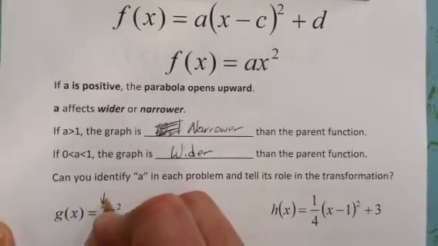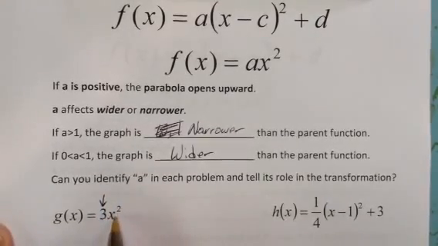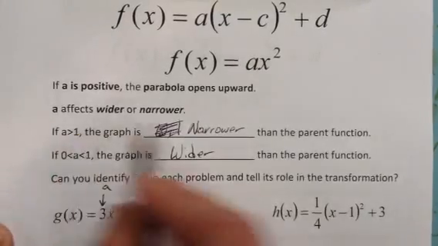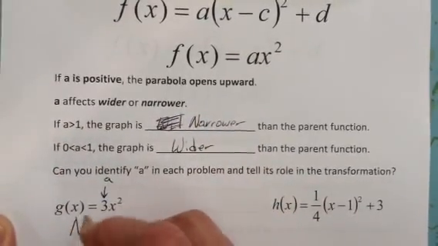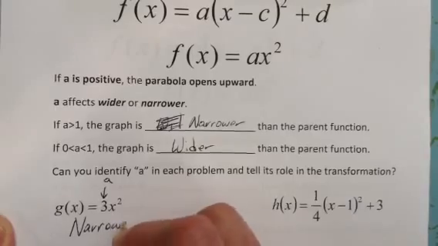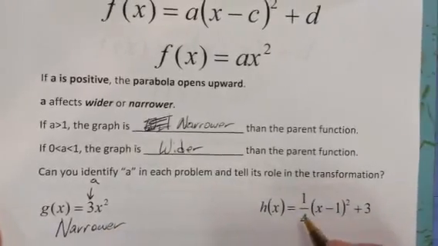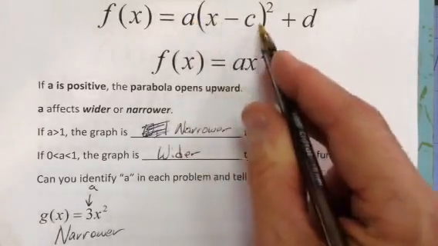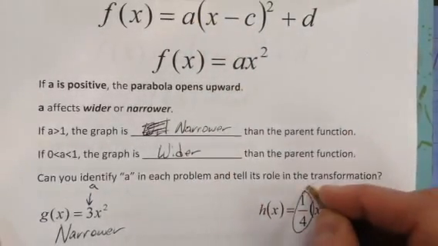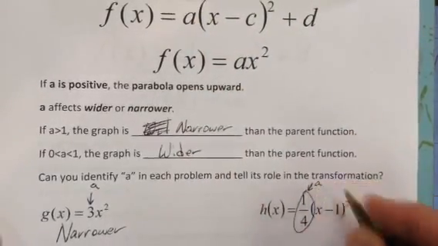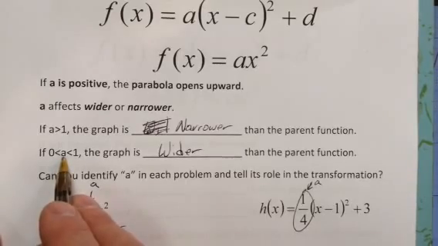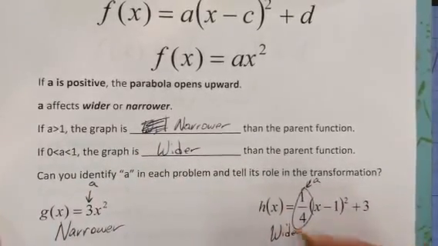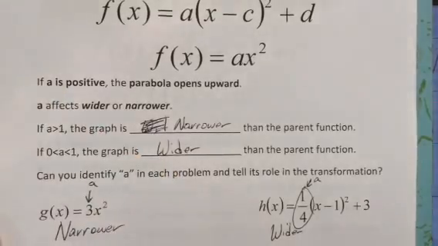A is the coefficient of x squared, and it's 3, and 3 is bigger than 1, so right away we're going to say this is going to get narrower than the parent. And if I come over here and look at the form, what's in front of the parentheses? That's the A in this form. A is going to be 1/4. Well, 1/4 fits between 0 and 1, and that means it's going to get wider. Okay, that's if A is positive.